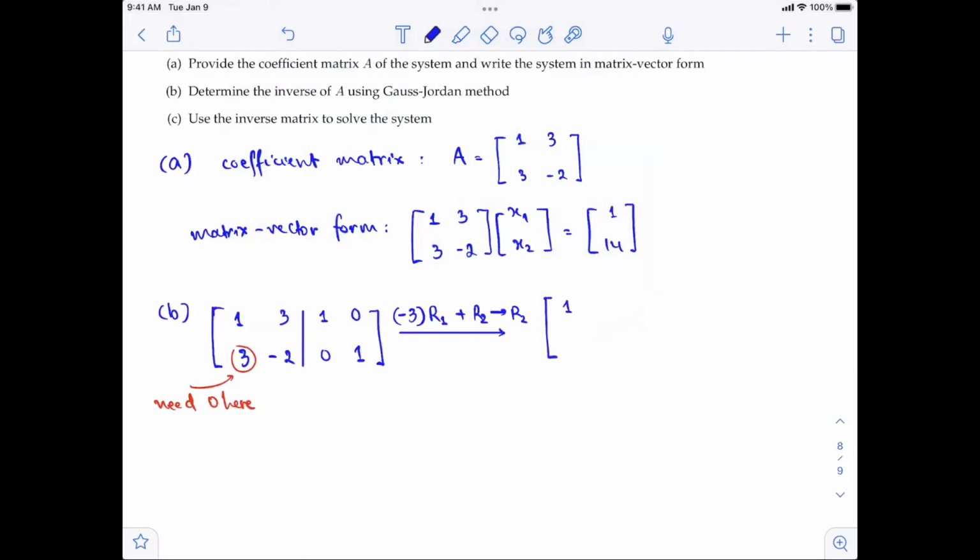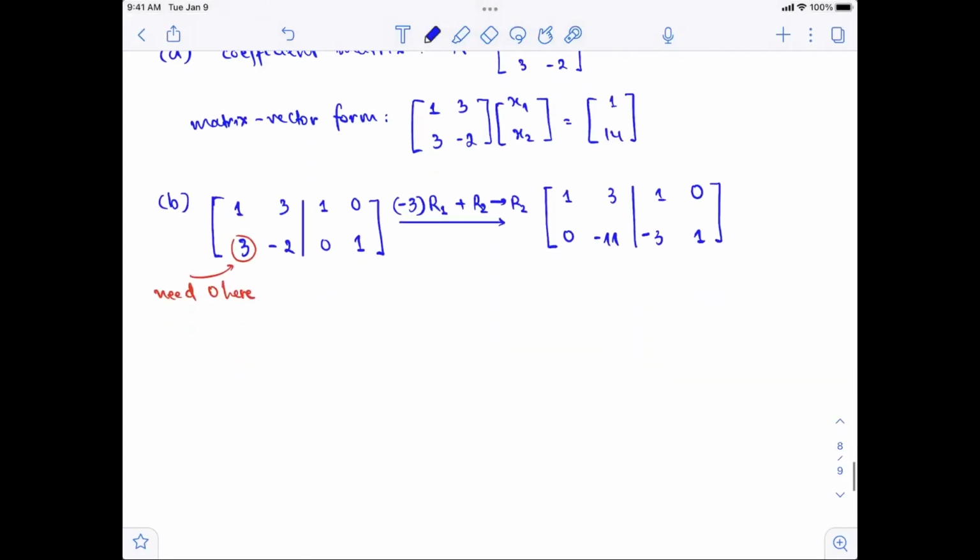So row 1 remains the same. Row 2 becomes 0, negative 11, negative 3, and 1. Okay, now we're done with the first row, right? You have the leading one in the first row and the entry below it is 0.